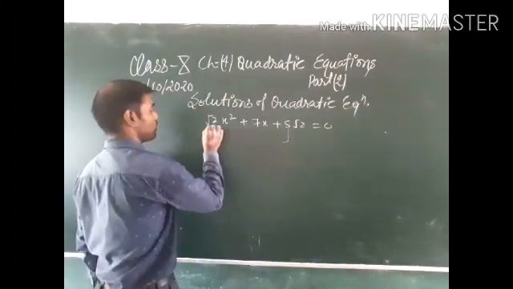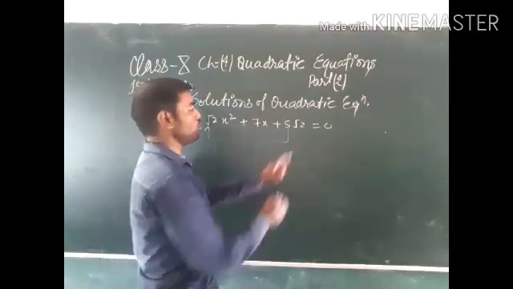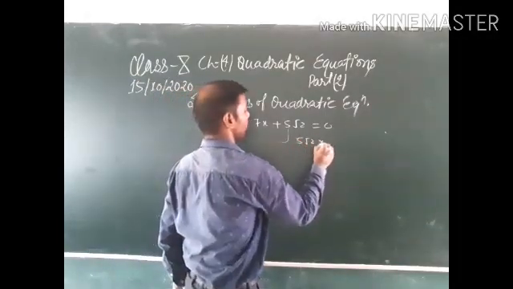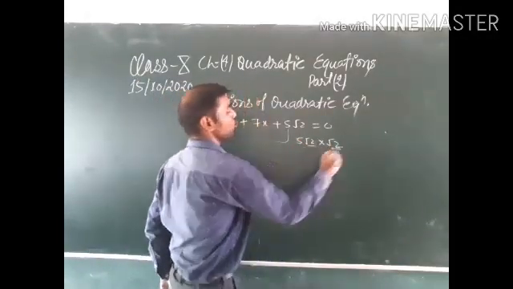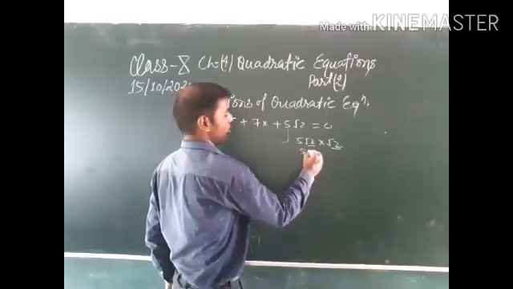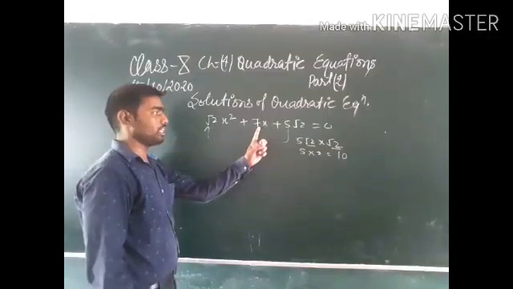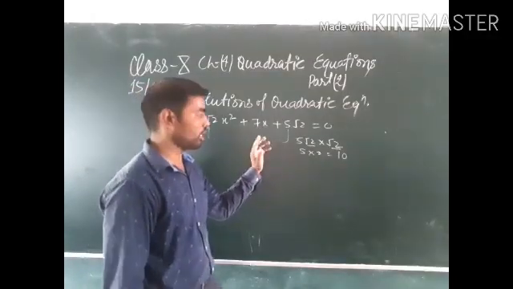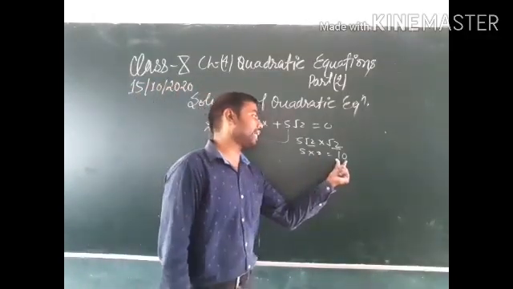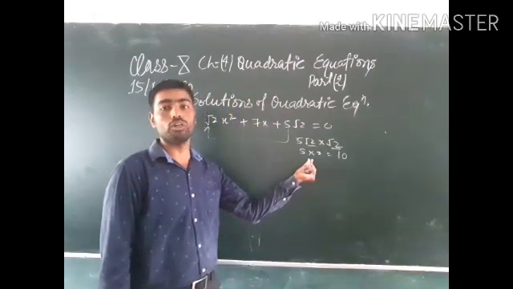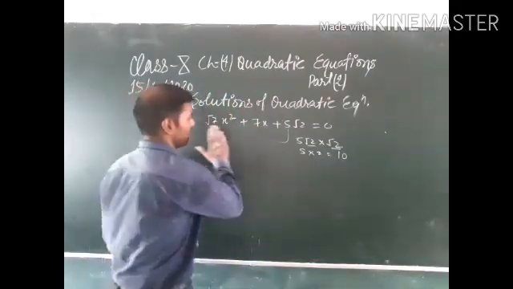When we multiply the first and last terms, we get 5 root 2 into root 2. Root 2 into root 2 is 2, and 5 into 2 is equal to 10, and the middle term is 7. This is an easy question: 5 into 2 is 10, and 5 plus 2 is equal to 7. So we can write it easily.